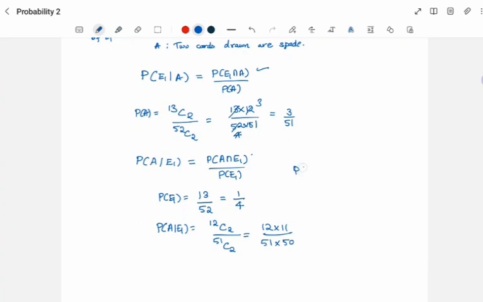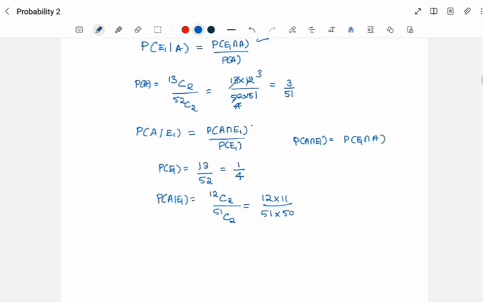If you see, P of A intersection E1 is nothing but P of E1 intersection A, correct? So we can find this by cross multiplying. P of E1 intersection A is nothing but P of A given E1, which is 12 into 11 by 51 into 50, into P of E1, 1 by 4. So this, if you see, goes 3 times. So it is 3 into 11 by 51 into 50.